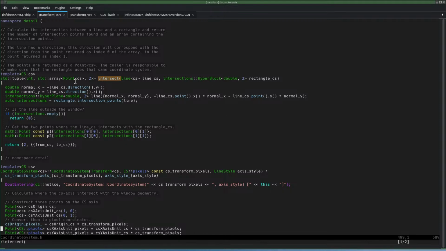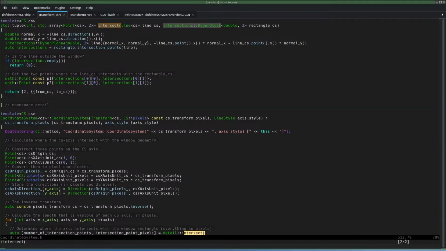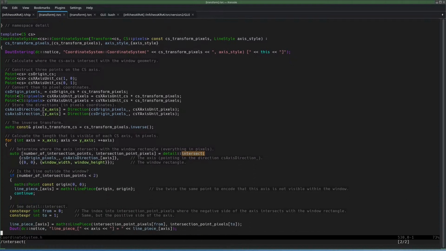Okay, the new function intersect is doing this, but we're passing the hyperblock to it. Therefore, this is the hyperblock, and as you see, indeed, these are just two opposite corners. And I use the origin. This is the window, so the top left of the window is C1, and then the opposite side is C2.